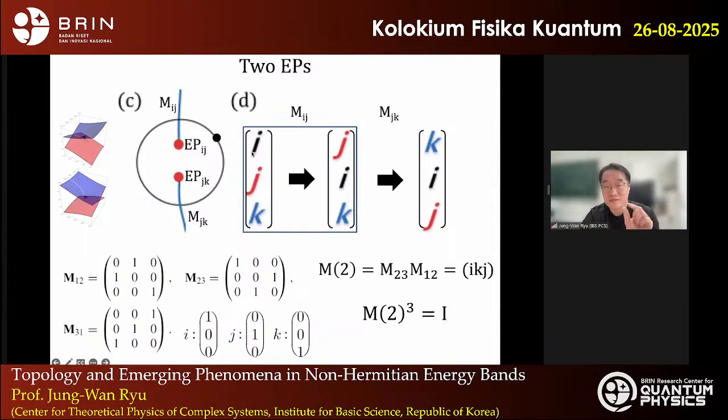If this interaction is very small, we can use perturbation theory from the Hermitian case. But if the environment interaction is very large, we cannot use perturbation theory from the Hermitian case. In that case, we need a non-Hermitian description, but I'm not sure about the exact answer to this question.